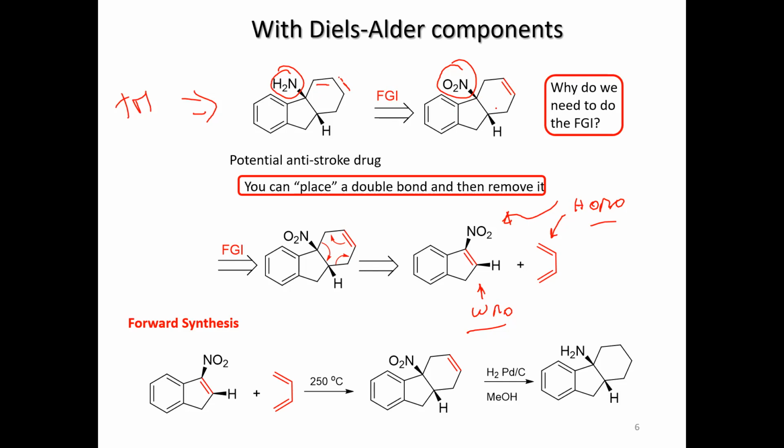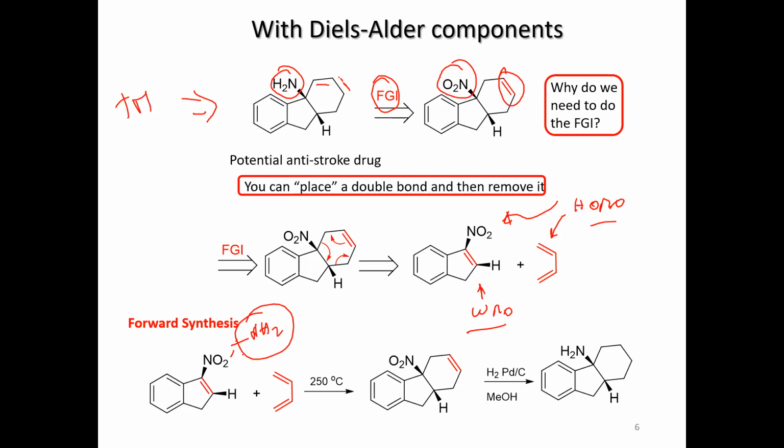But in this case, it works. Be careful with the use of the FGIs, because putting the double bond here is an FGI, but also putting the nitro group. You want to start with the nitro group because having the amino here will deactivate the Diels-Alder.